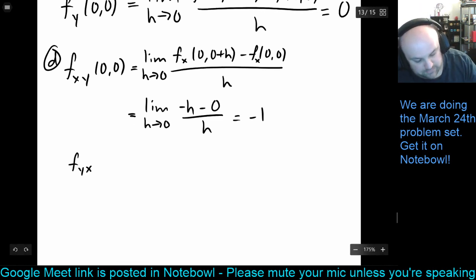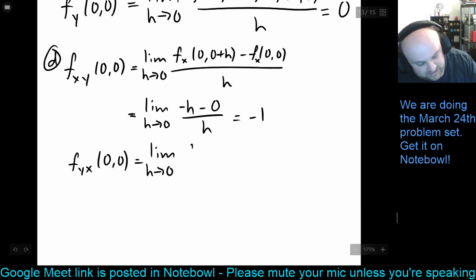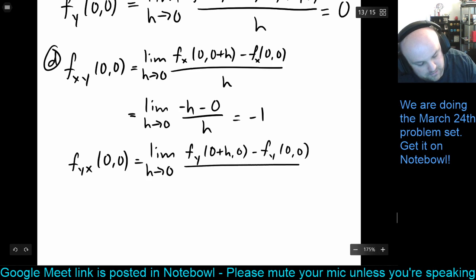If we look at f_y(x, 0), so this one's going to be f_y(0 + h, 0) minus f_y(0, 0), over h.